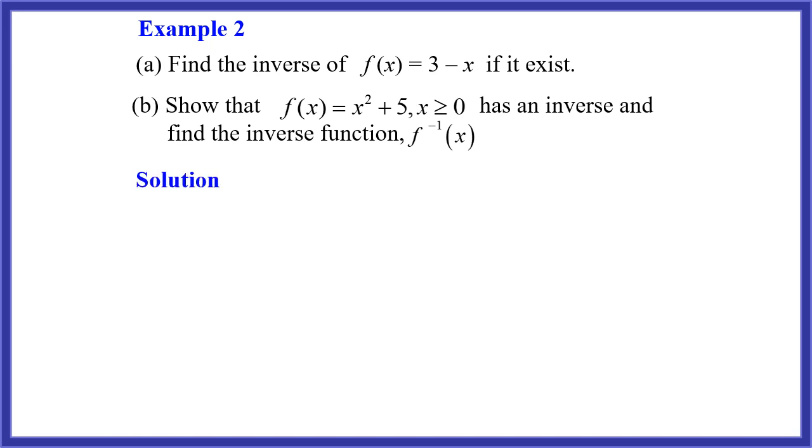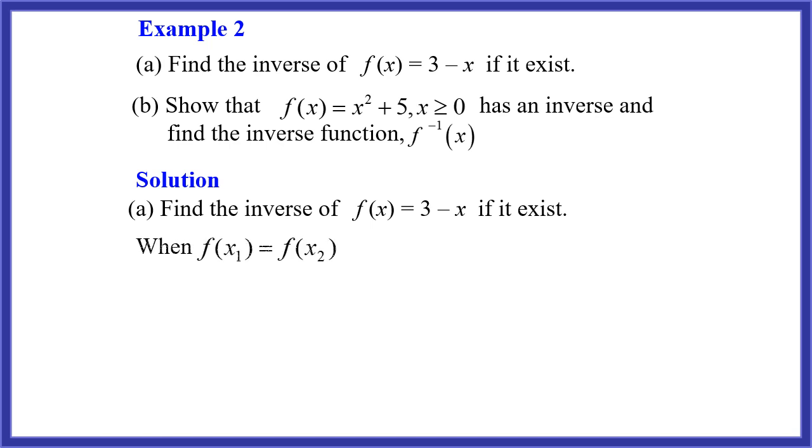Now for question A, find the inverse of f of x equal to 3 minus x if it exists. We have to show that it exists by checking whether it's a one-to-one function. A function has an inverse only if it's a one-to-one function.